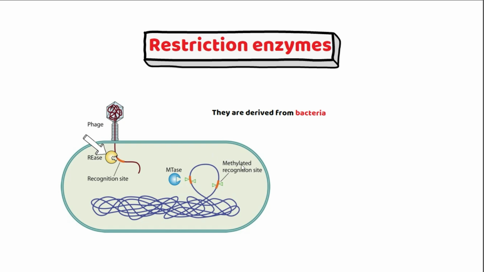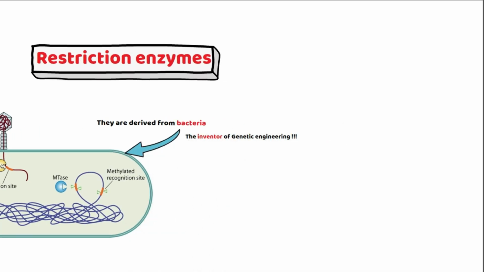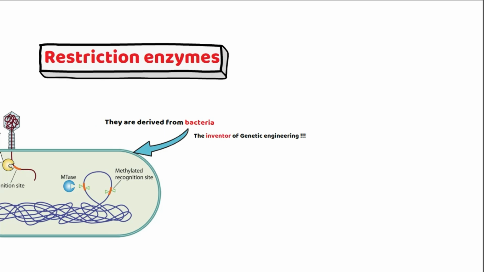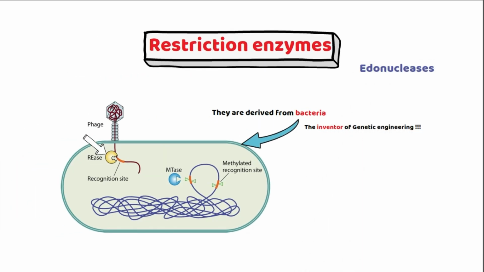So the restriction enzymes are derived from bacteria, and the bacteria are considered the inventor of genetic engineering. Okay, sometimes restriction enzymes are called endonucleases. Why?